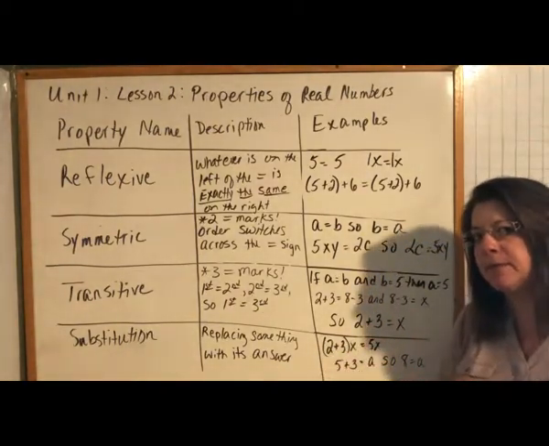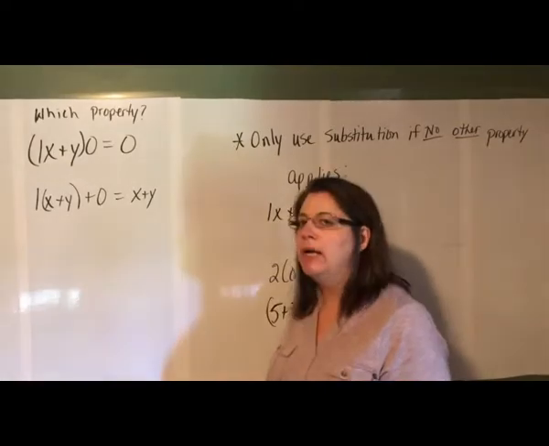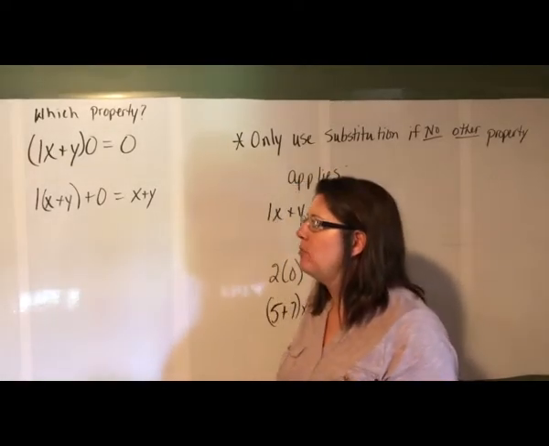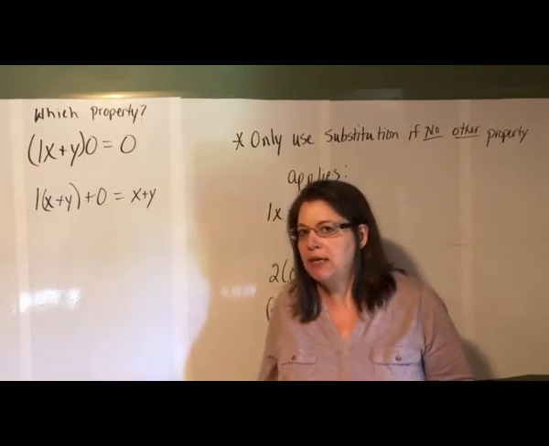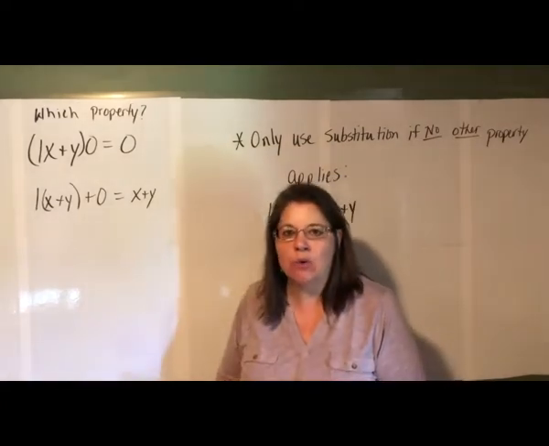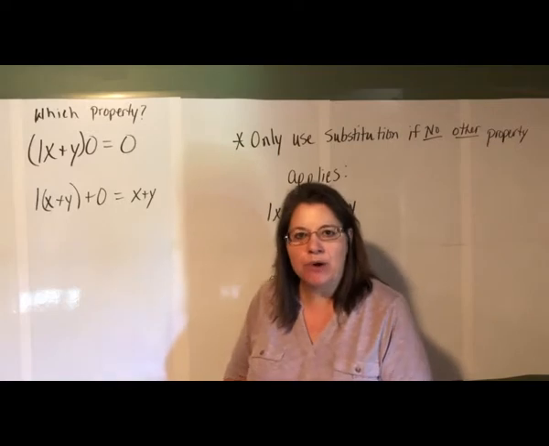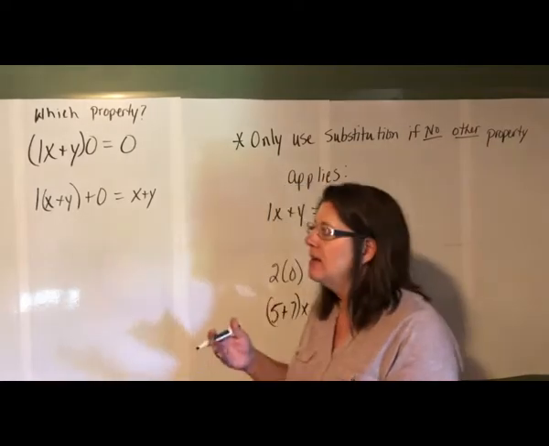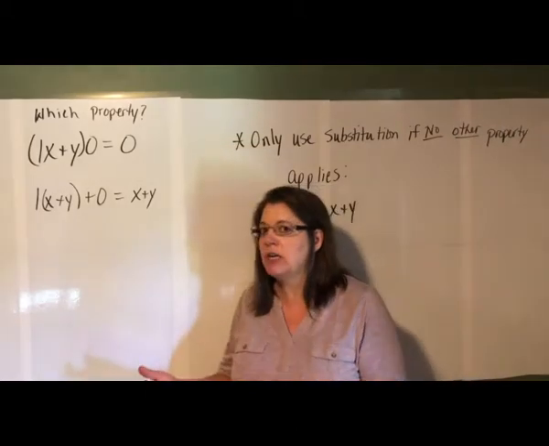Okay, another thing I want to point out is occasionally you might see an example where you might be able to put more than one property down. Sometimes like in IXL or Delta Math programs like that, sometimes they'll have one that has both properties. In that case, whichever one you choose is going to be fine.